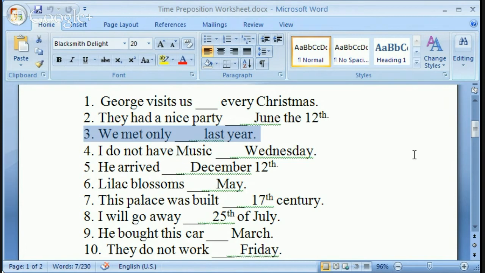If I say we met only in the last year, I mean basically 365 days, sometime in the last physical year, from last September 5th, 2013 until now. In the span of a year. So there is definitely a difference in meaning. That's a nice thing to know. Yes, absolutely.